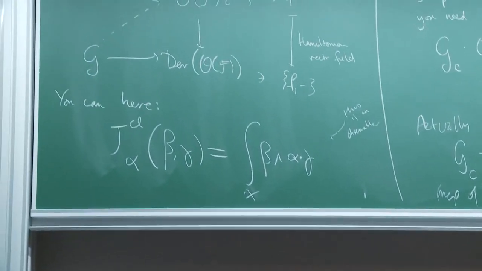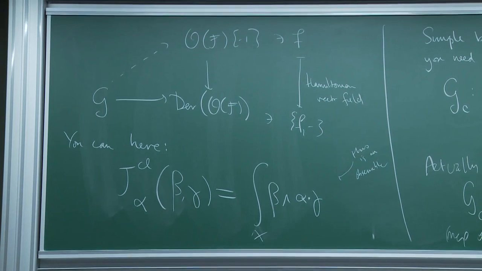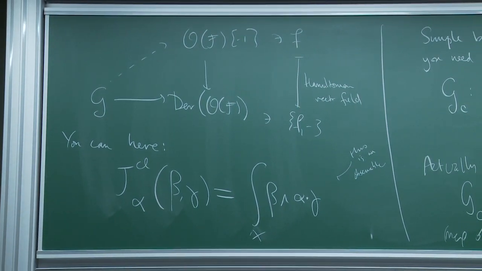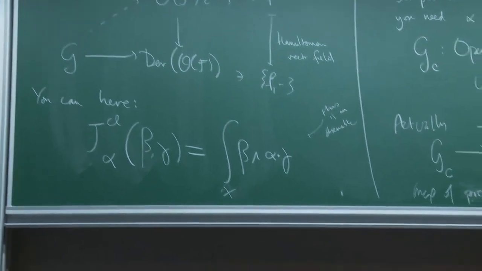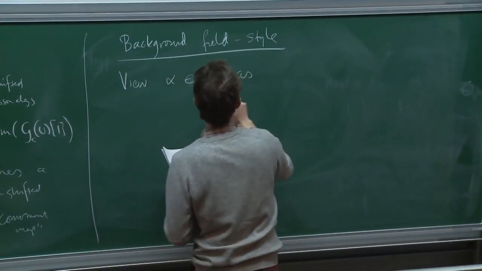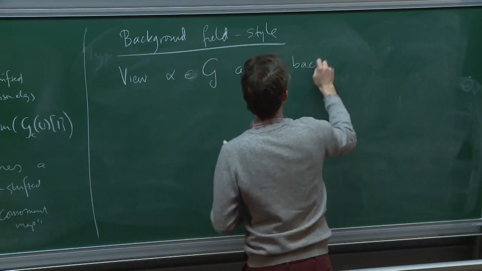It looks like part of an action functional. So why don't we view alpha itself as some sort of background field? So, okay. View alpha G as a background field.